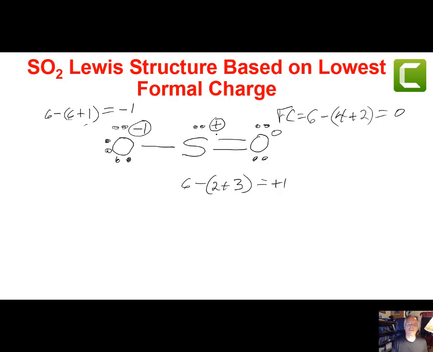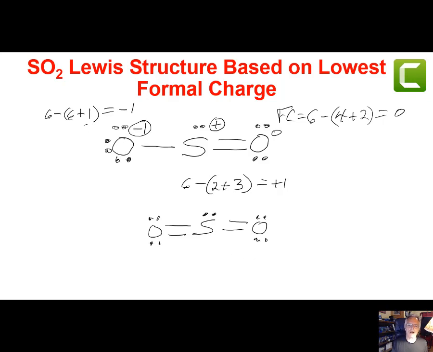So the question is, is there a more stable Lewis structure that we could draw that is more reasonable based on formal charge? And the truth of the matter is, yes. We can have this oxygen donate both of these electrons to the bonding area in here, and that would give us a double bond to oxygen over here, a double bond to oxygen over here, and we've reduced the number of non-bonding electrons.